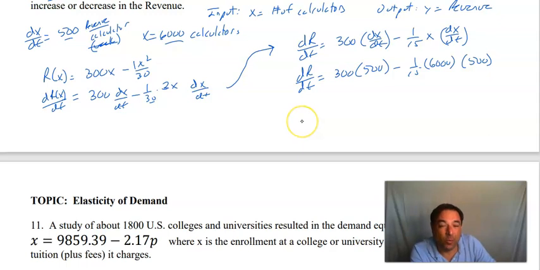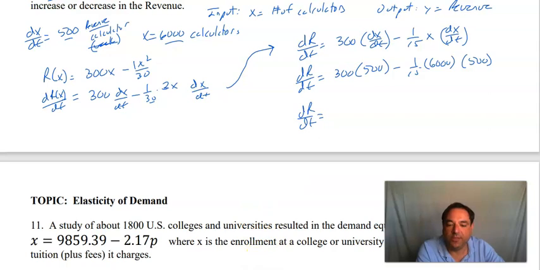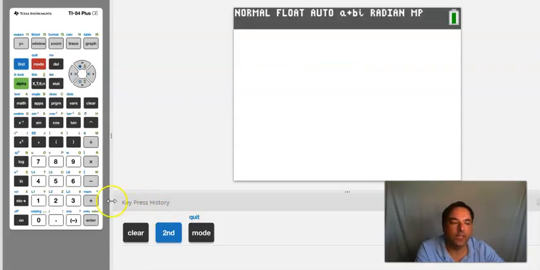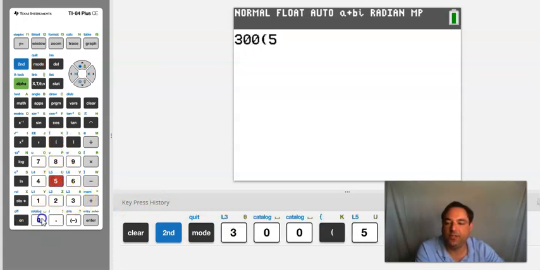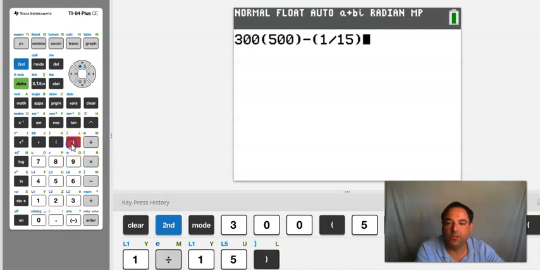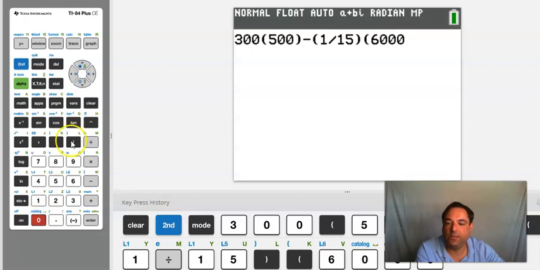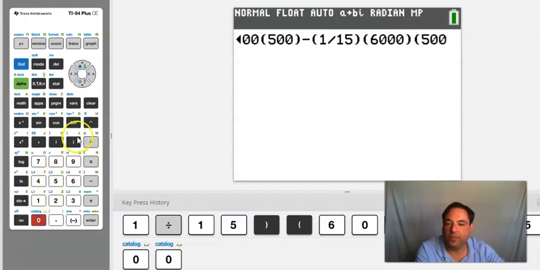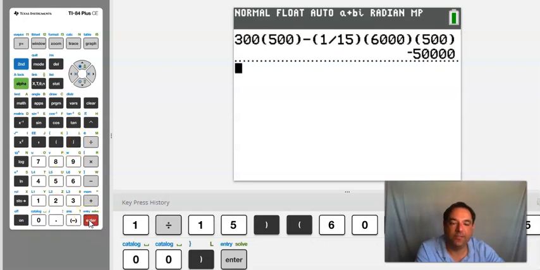I am going to type it in all at once, so be careful typing it in all at once, just to be careful we don't make any little mistakes with the calculator. So in the calculator, we put 300 parenthesis 500 close parenthesis minus parenthesis 1 over 15 close parenthesis times 6,000 parenthesis close parenthesis 500 close parenthesis, and you get negative 50,000.